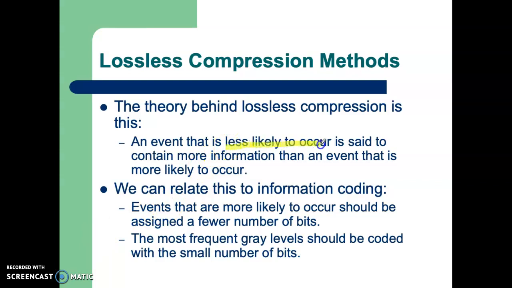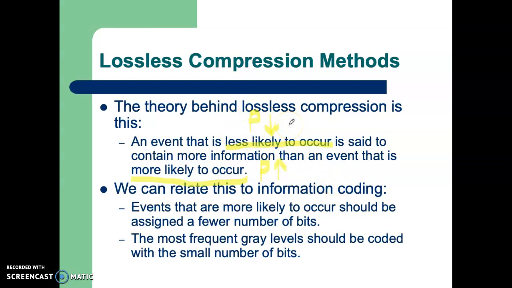Less likely to occur means the probability is low. More likely to occur, the probability is high. So in your image, that particular pixel will occur more.